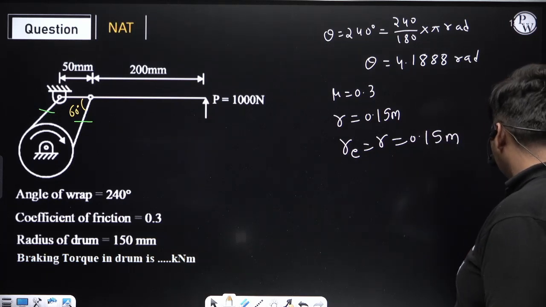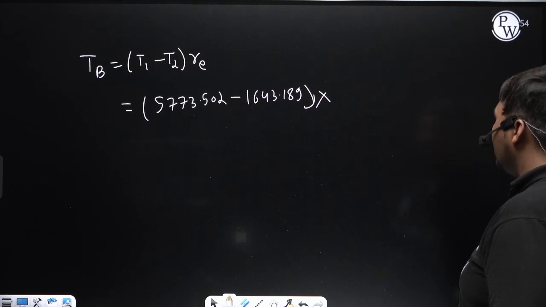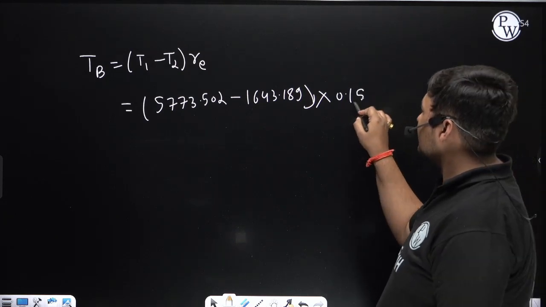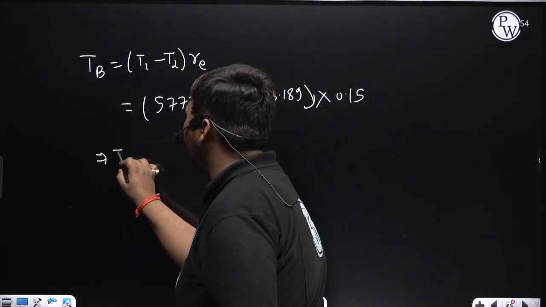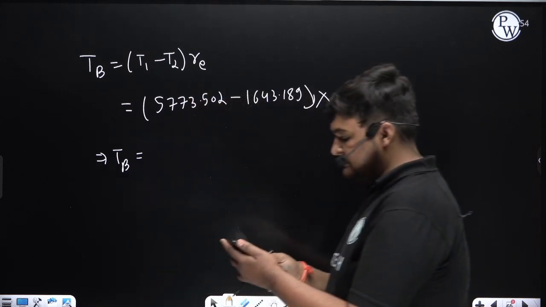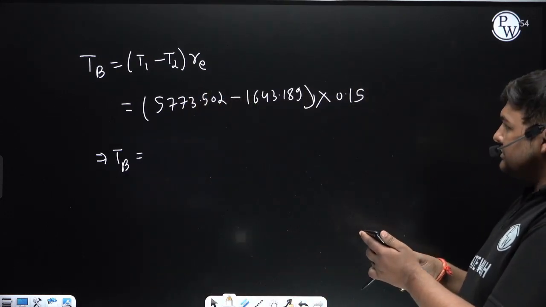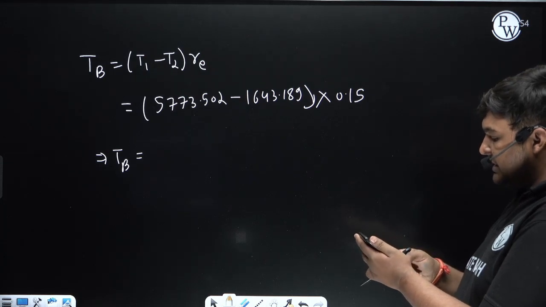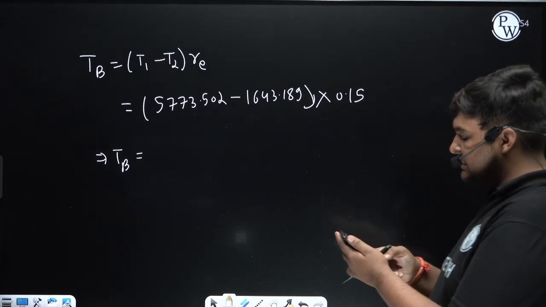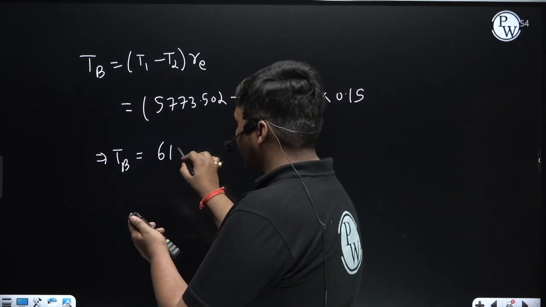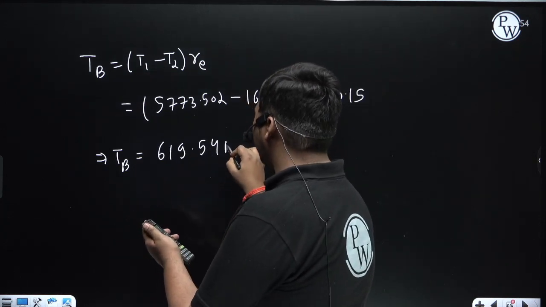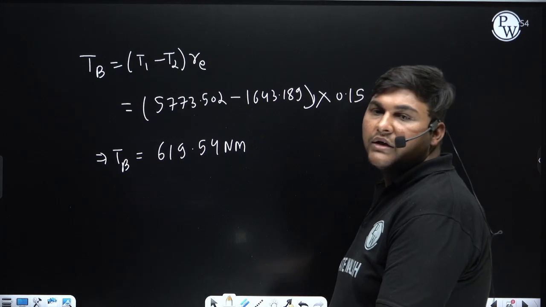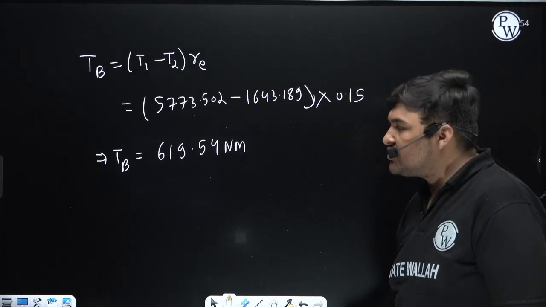So for this question, Re is equal to R, which is 0.15. So we will get the value of braking torque: 5773.502 minus 1643.189 into 0.15. It is coming 619.54 Newton meter.